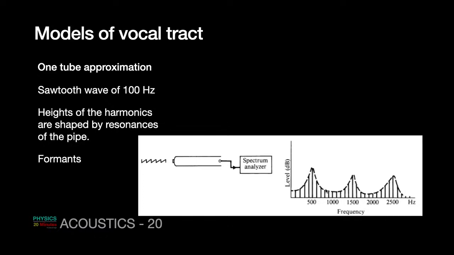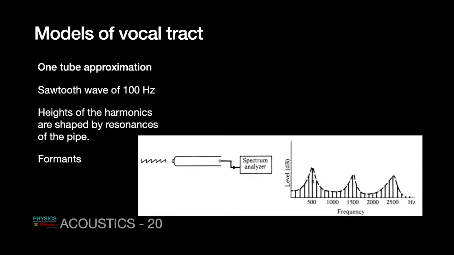Remember, I discussed in the last class what formants are. The formants are groups of dominant frequencies in the vocal tract. So it's like the vocal folds are providing the bass frequencies varying at a regular harmonic level, but some of those harmonics are amplified depending upon the resonances of the pipe.